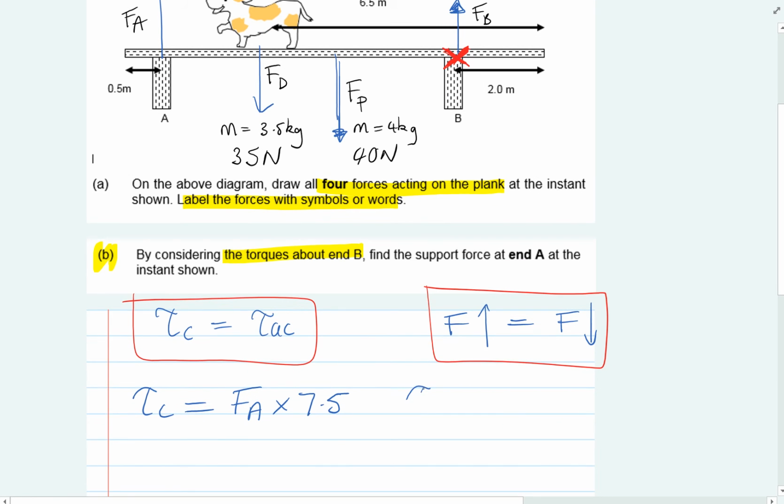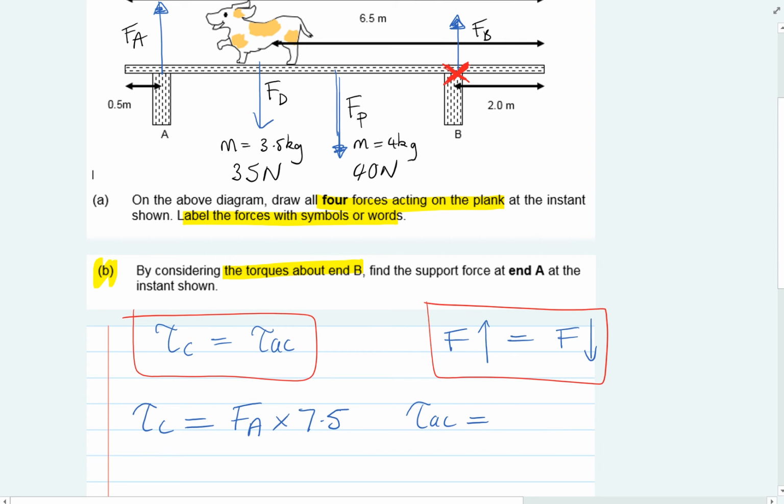2.5. Torques anti-clockwise. Well, there are actually two forces about that pivot which will make it turn in an anti-clockwise direction, and that is the FP and FD. So we break it up into two parts.